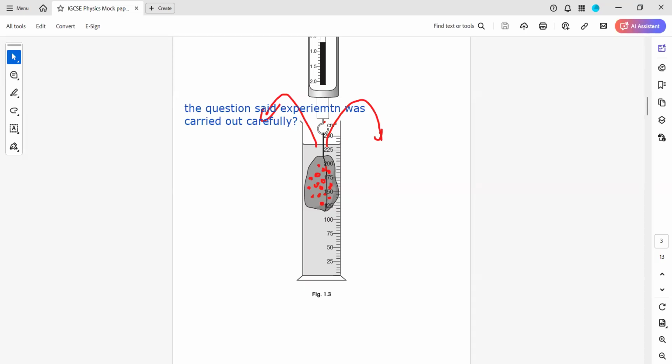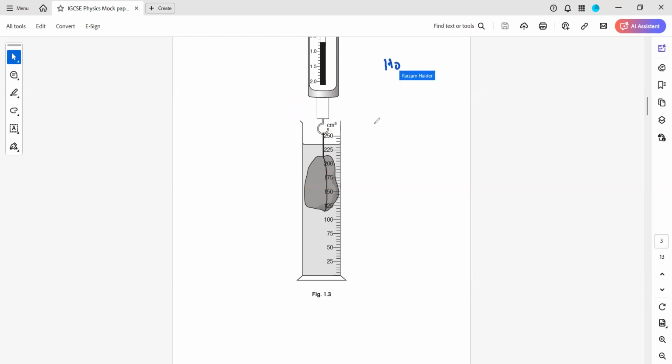When they say experiments were carried out carefully, what does it mean? It means accuracy of the experiment, like reading errors are not there. You cannot say parallax error. When they say the experiment is done accurately, it means errors due to the instruments or techniques are not there. You cannot say parallax error in the measurement.